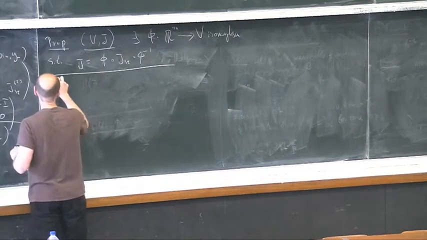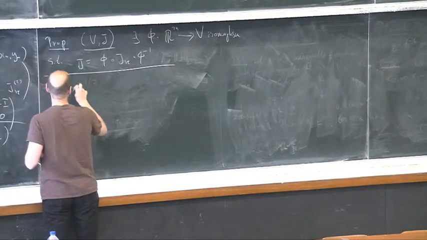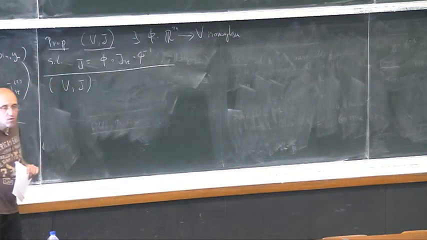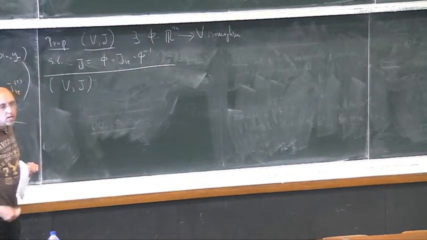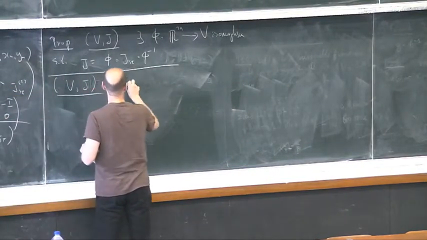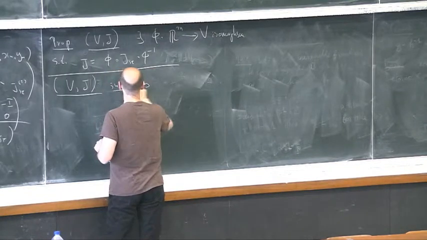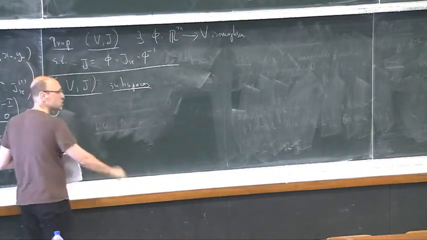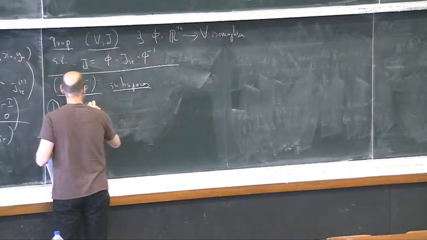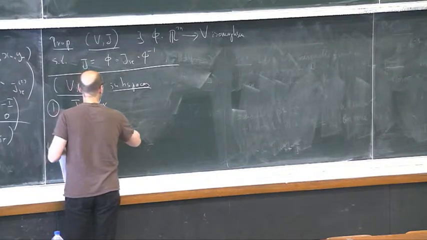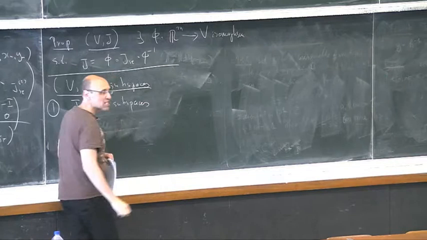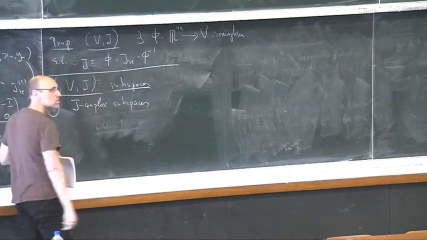So some terminology. If you have now a vector space with a chosen fixed complex structure, then you can consider some subspaces in this vector space. There are two important classes of subspaces. The first class is formed by J-complex subspaces, just complex subspaces when J is prescribed.